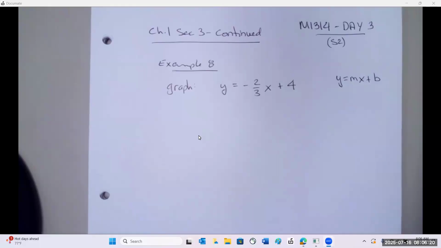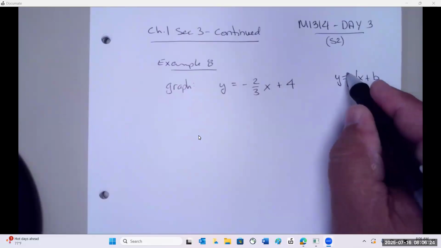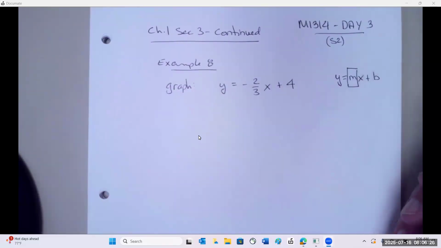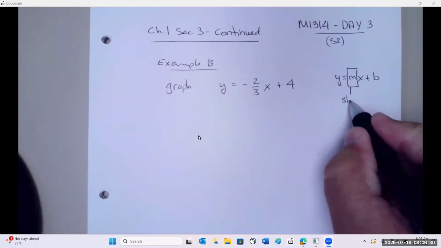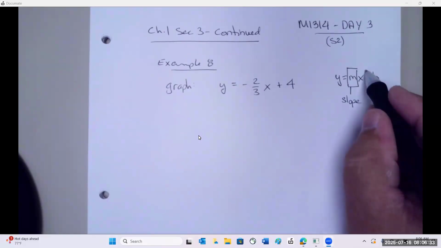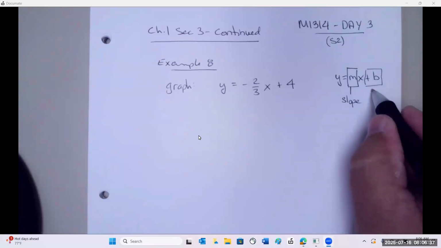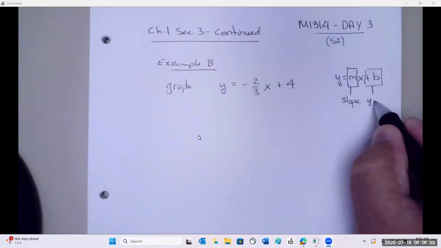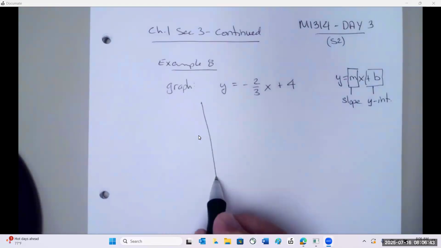Whatever is in front of the x, the sign and the number, is your what? Your slope. And whatever is after the x, the sign and the number, is your what? Y-intercept. Very good.